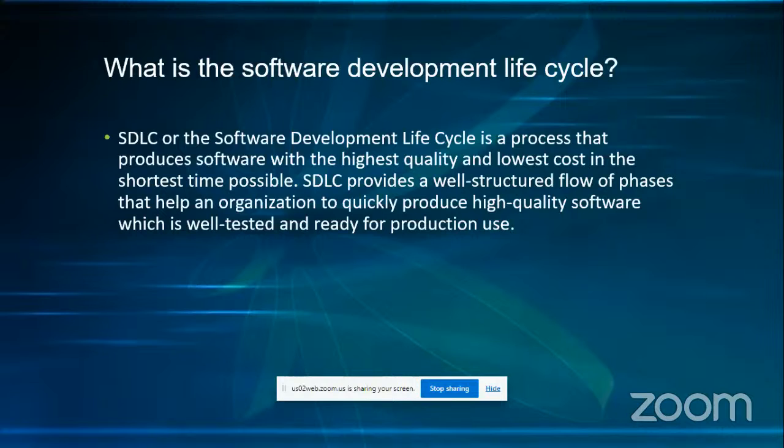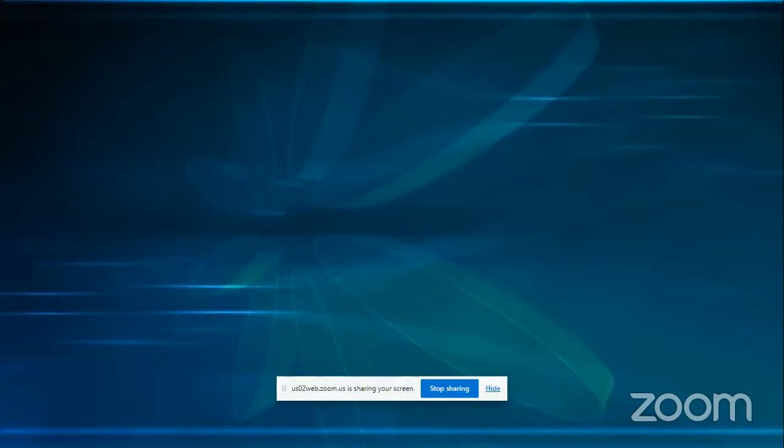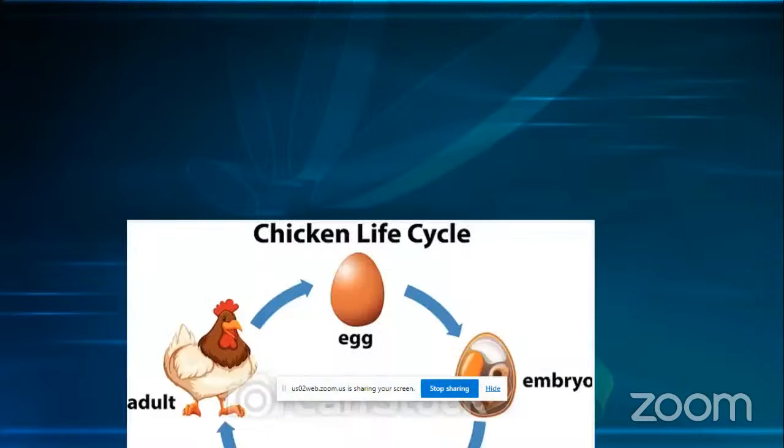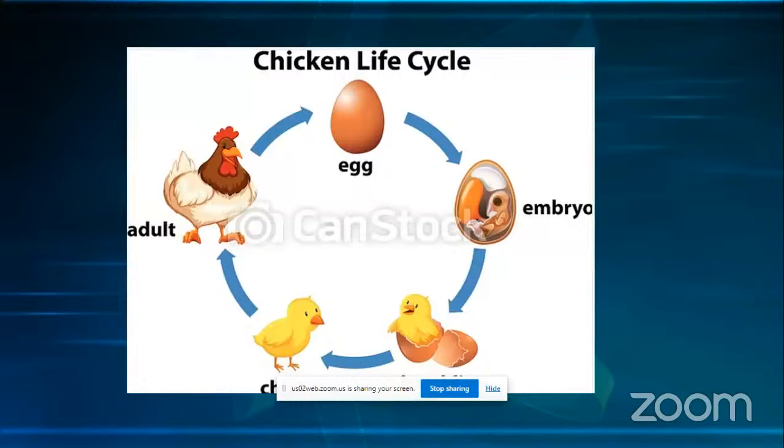Before I continue, I want to take this out to a normal world, to understand literally, as a layman, what a life cycle is. I took an example of a chicken. Let's start from there. There is an egg. After the egg, we know chicken. From there, this egg wants to turn into a big one.